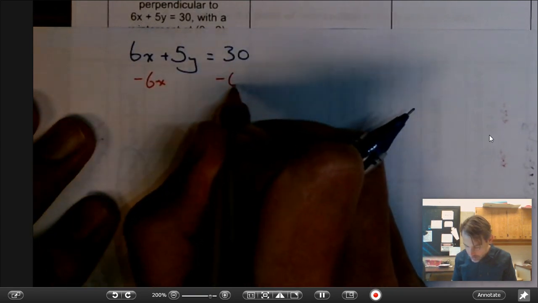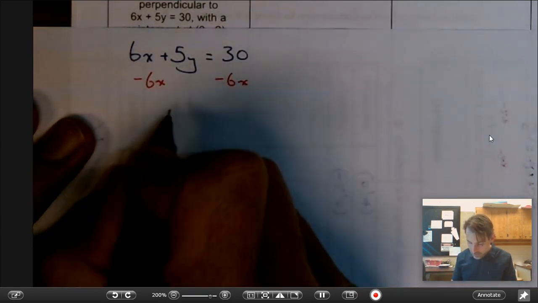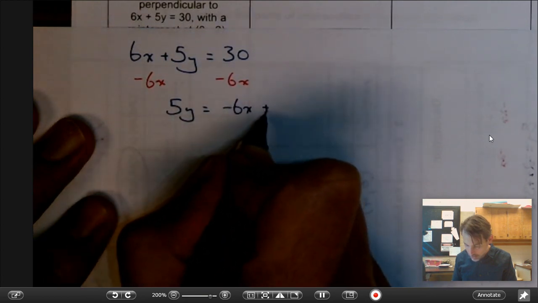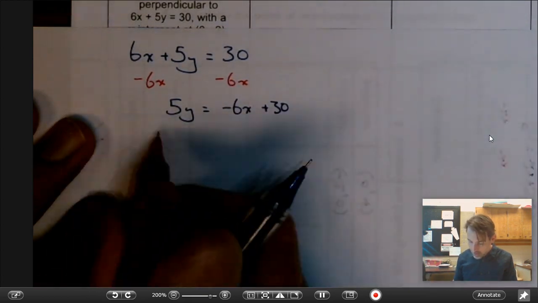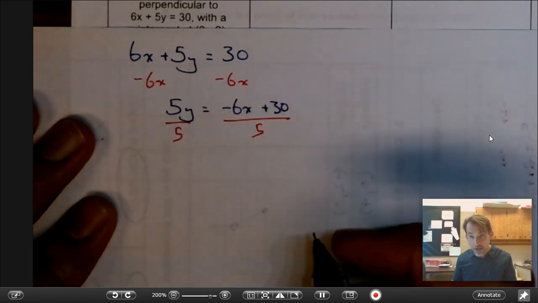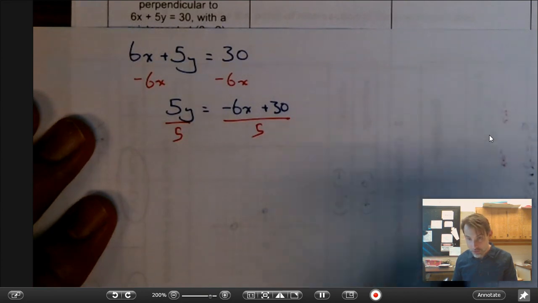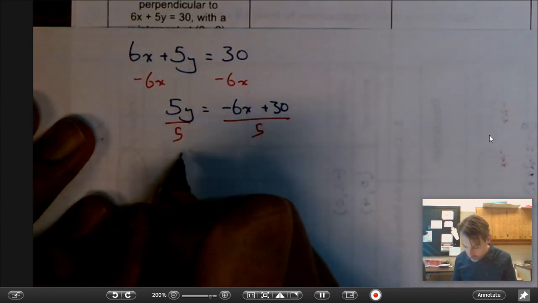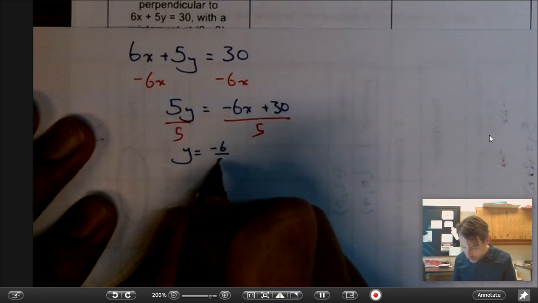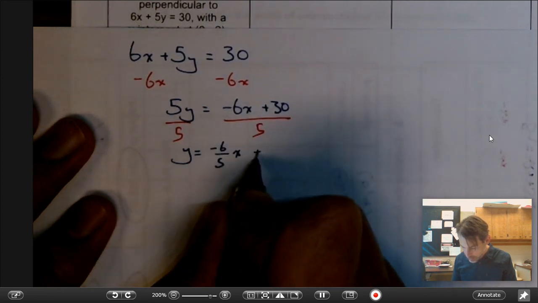We're going to move that 6x over there, and we'll have 5y equals negative 6x plus 30. And then we divide both sides by 5. The whole side doesn't matter in this question. Okay, negative 6 over 5 is the slope we were looking for, x plus 6.